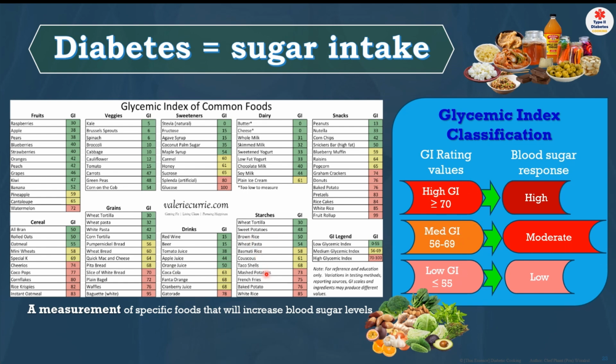Most of the values come from institutions that measure specific sugar levels for common foods, but if you go to other places, sometimes the value is a little different. It's just a reference for you to understand.